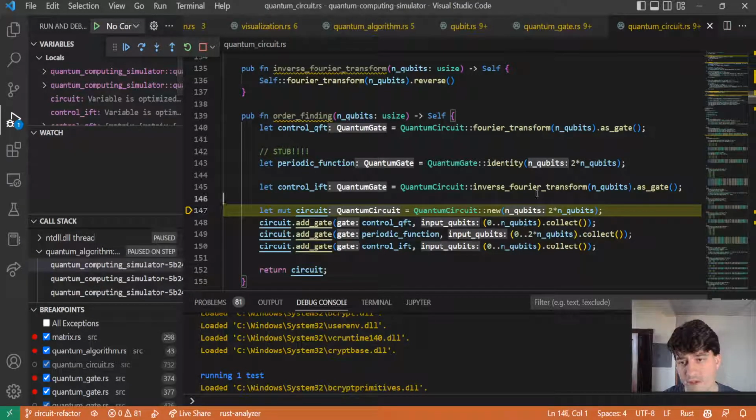Inverse quantum Fourier transform also not fast, but that's because we're inverting the Fourier transform. I mean, maybe there are fast sparse matrix inversion algorithms, but that seems a little aggressive, and it wasn't super slow, so I think that's probably fine.